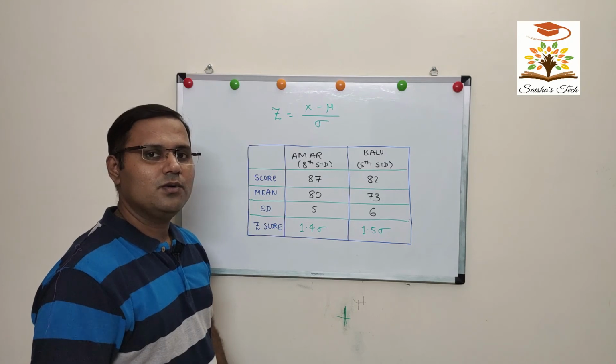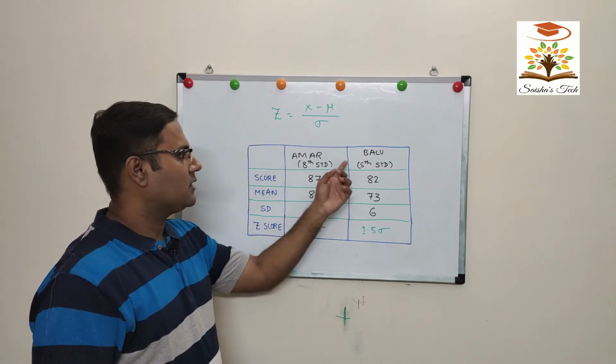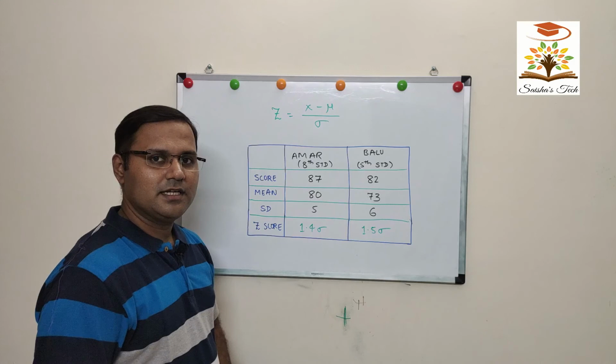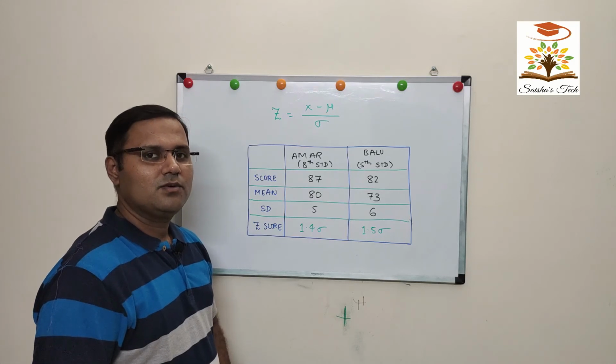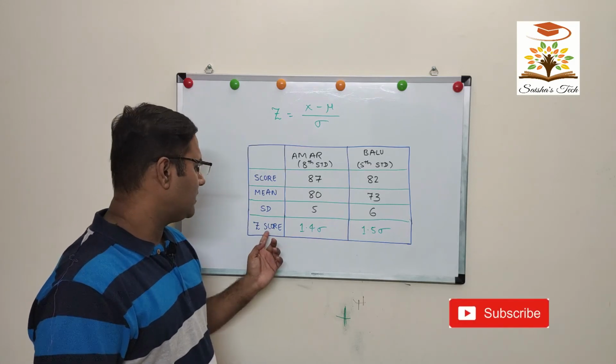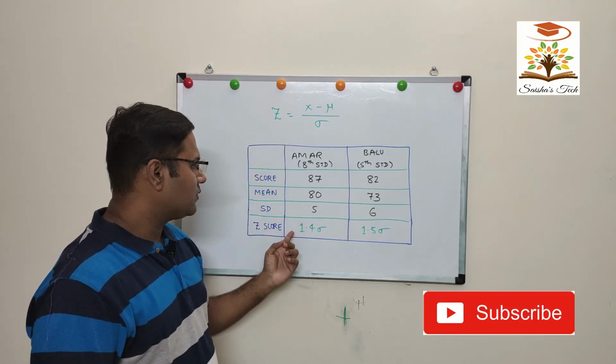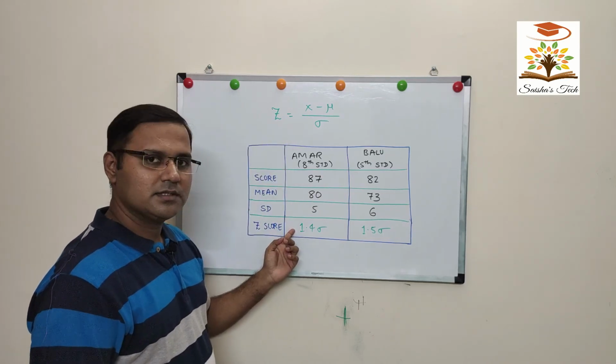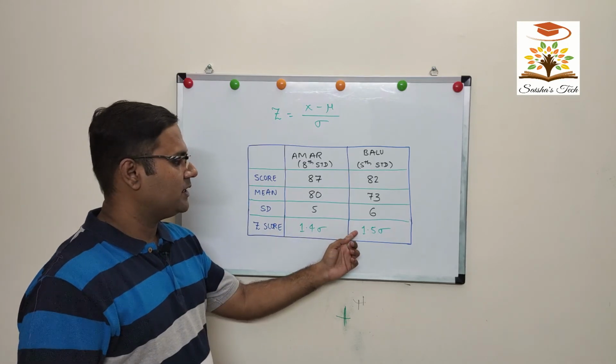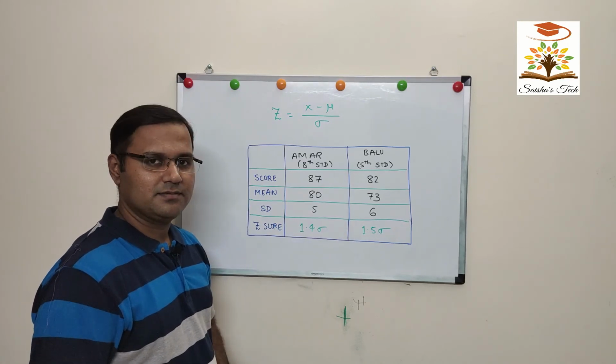Now we want to know whether the elder brother or the younger brother has performed better in the class. To identify this, we calculate the z-score. With the formula, the z-score for Amar is 1.4 standard deviations and for Balu is 1.5 standard deviations.